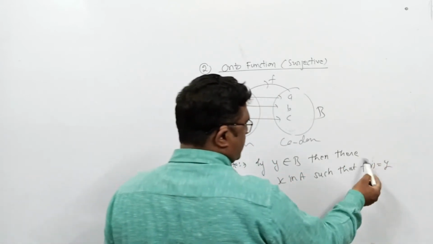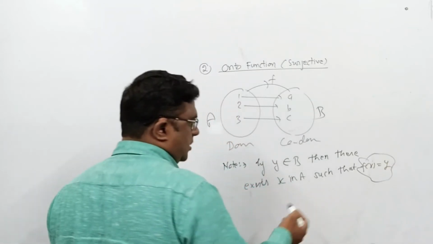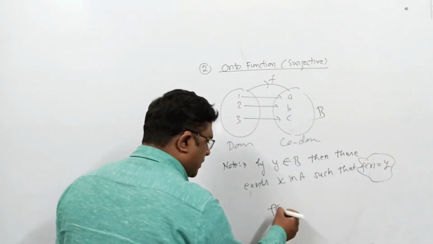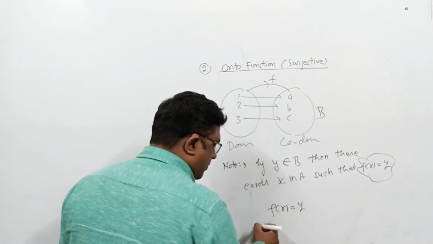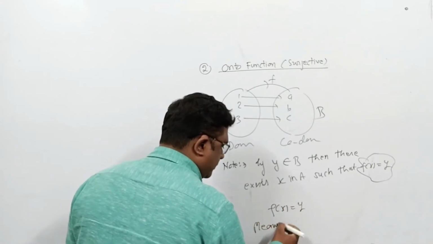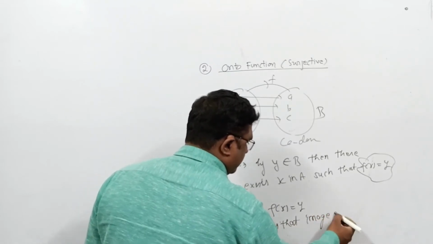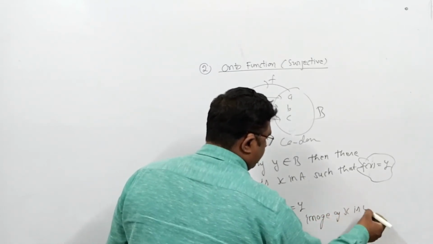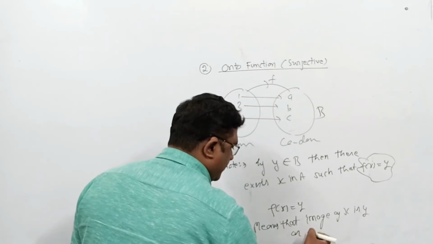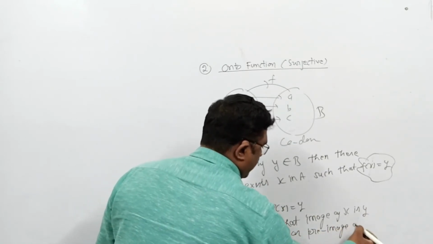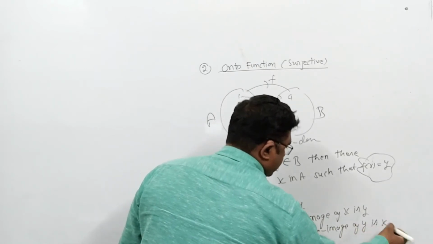When we say f(x) equals y, it means the image of x is y, or you can say the pre-image of y is x.